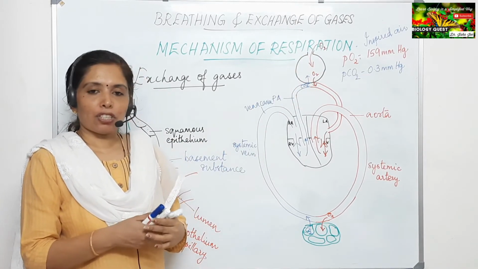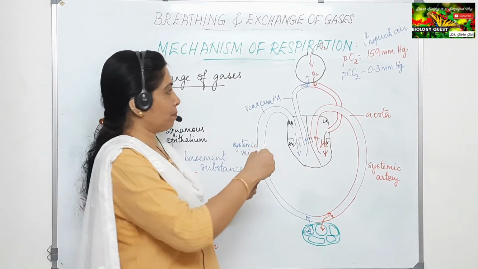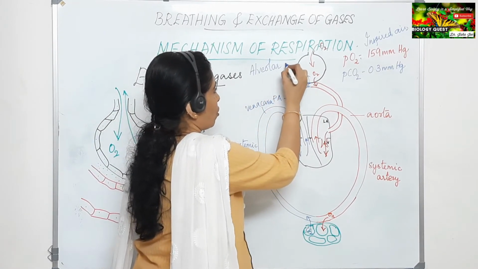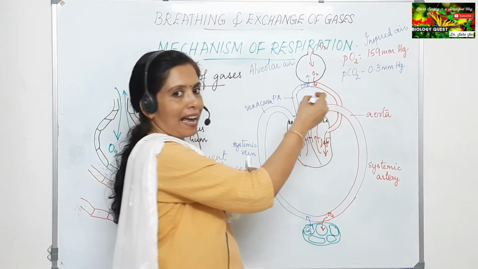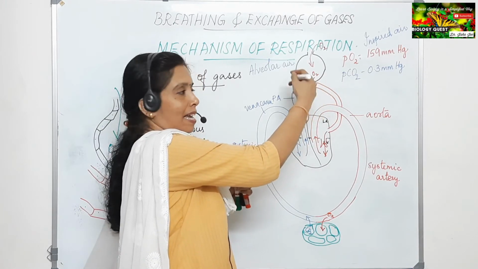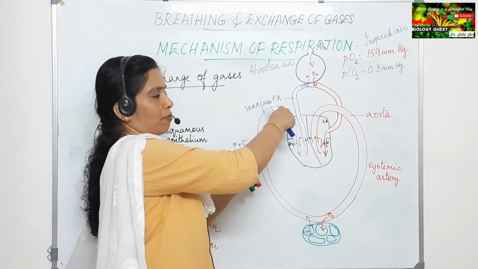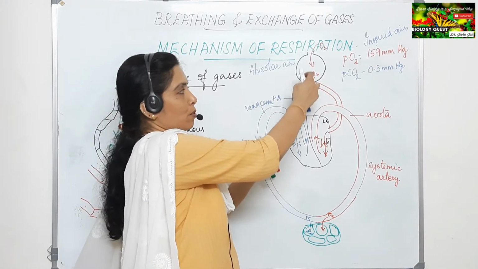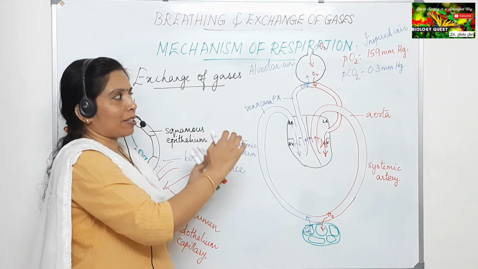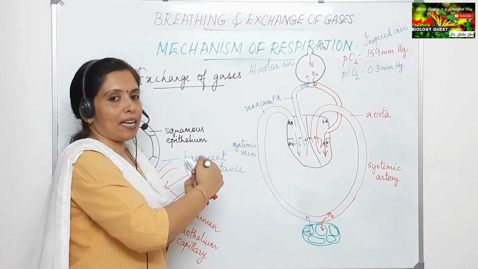So alveolar air is a mixture of the inspired air and the carbon dioxide rich air, the exhaled air. The carbon dioxide which has been carried from the different parts of the body has now diffused into the alveolar sac. So the alveolar air is actually a mixture of the inspired air and the carbon dioxide rich air.